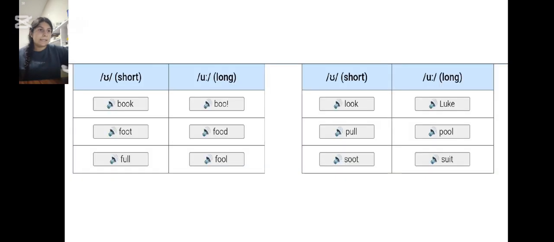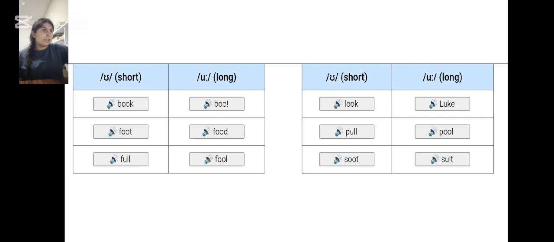And then there are some short and long words, for example, book and boo, foot and food, fool and fool. To make these differences obvious, we must pronounce them in a correct way.